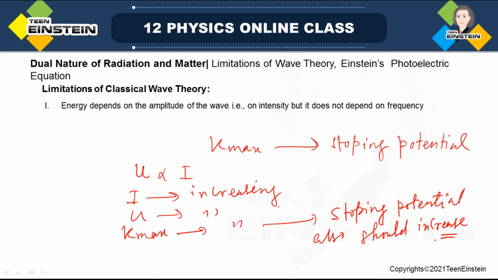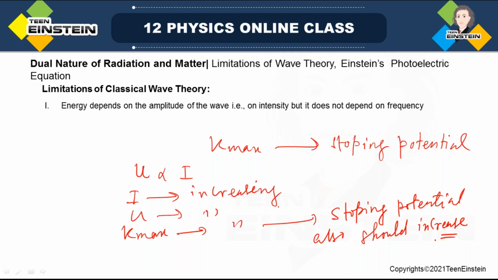So I hope you have understood the ambiguity in this wave theory. According to wave theory, as we increase the intensity, we increase the energy density of the wave or the radiation. So photoelectrons coming out due to this radiation should have more and more maximum kinetic energy.